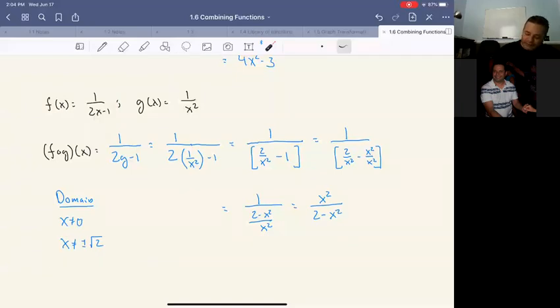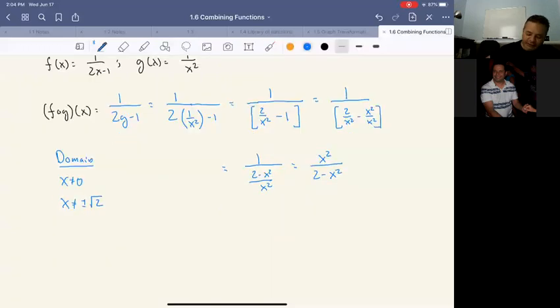Because we've played around with the f, we've replaced that x by 1 over x squared, so we no longer have to worry about what makes 2x minus 1 equal 0. We already figured out what makes 2g minus 1 equal 0.